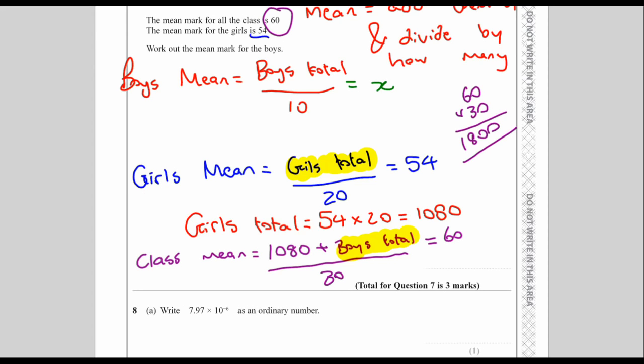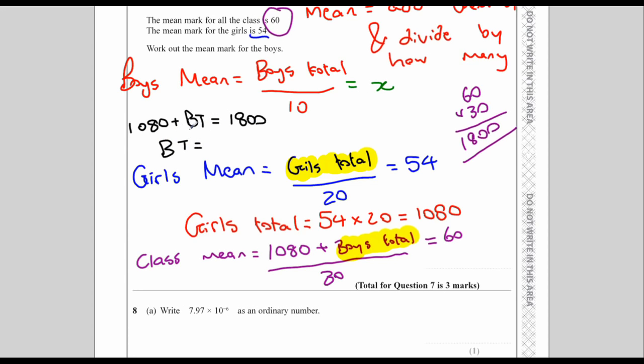Okay, bear with me, I'm going to chuck the working out in here for now. So using this equation, 1080 plus the boys' total, let's say BT for short, equals 1800.